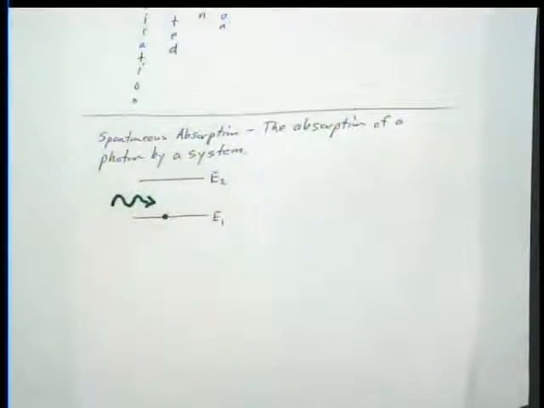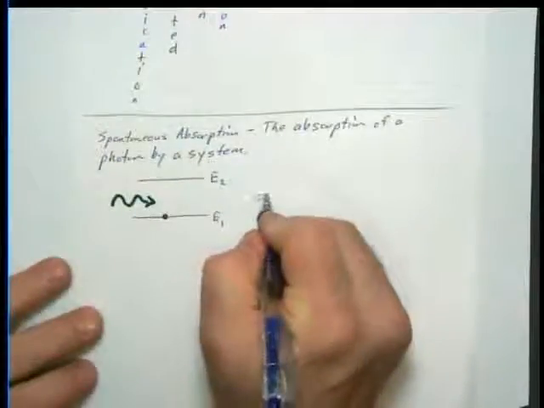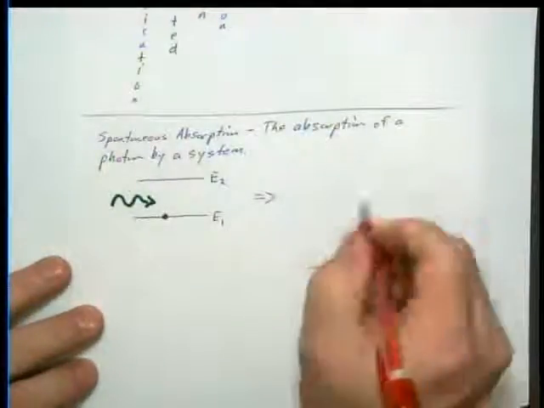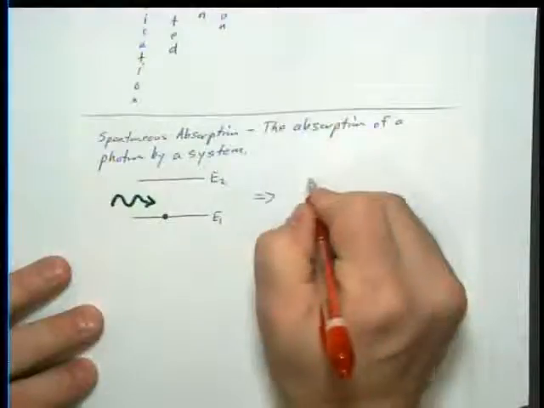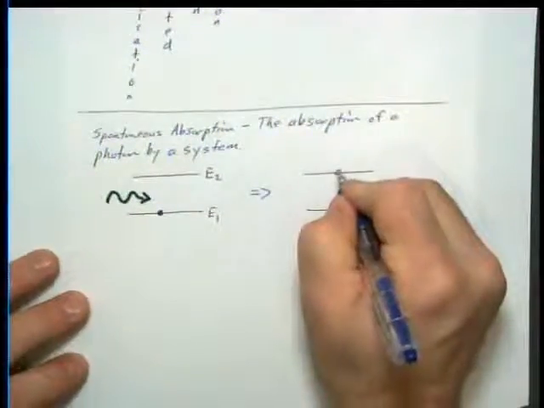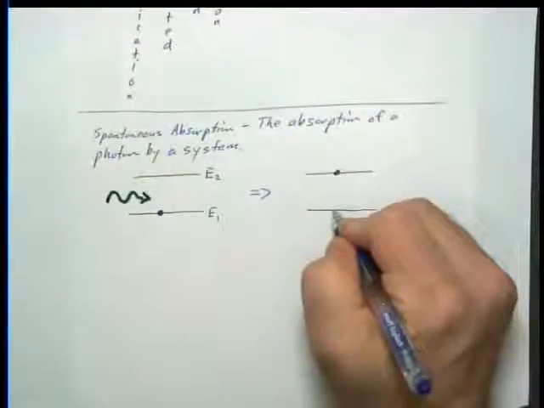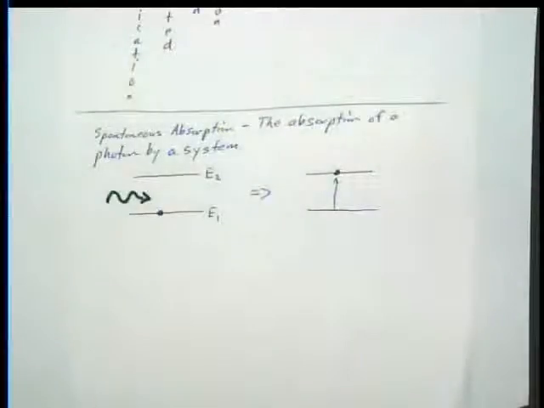Now, that photon has to have a particular frequency if it's going to be absorbed and move the electron from here to here, because the photon goes away and this electron went up to the higher energy state.